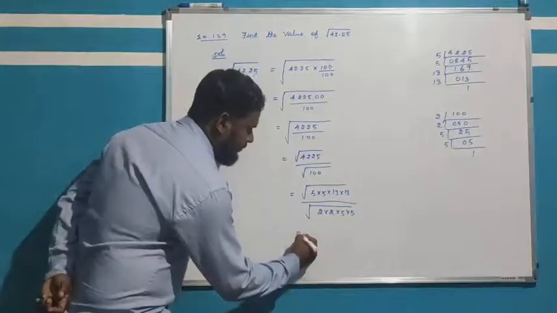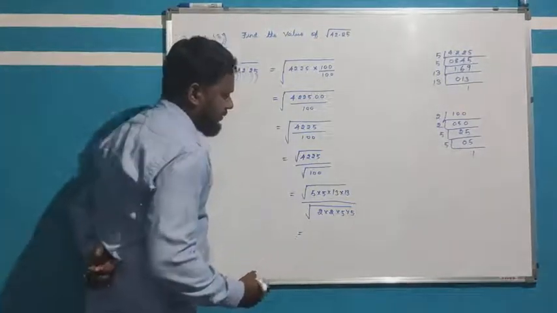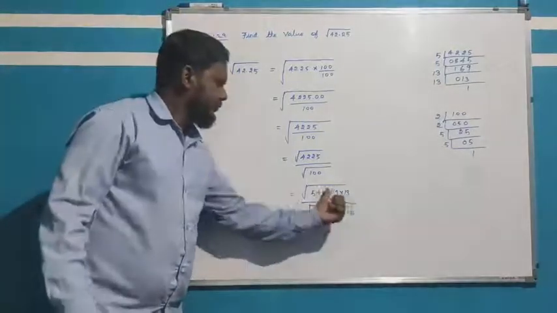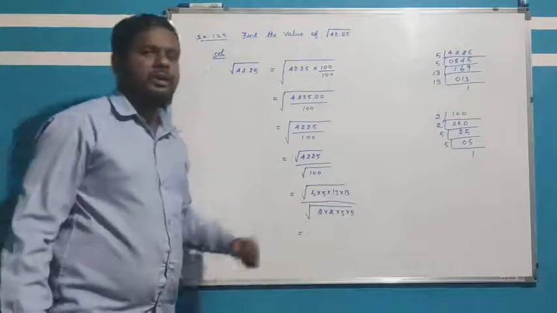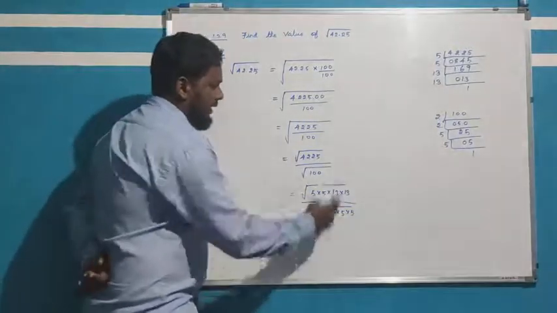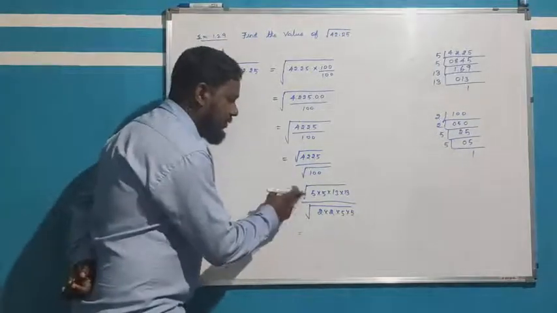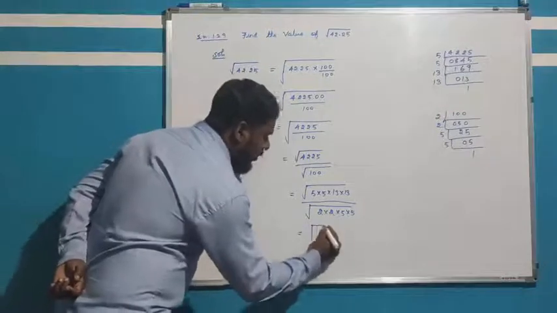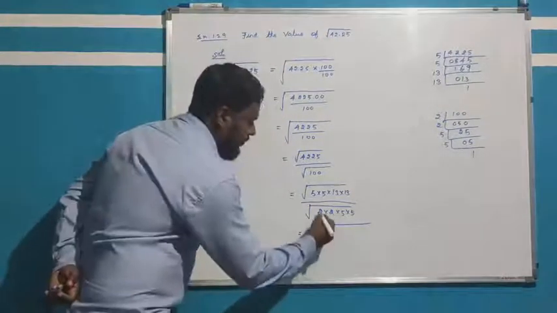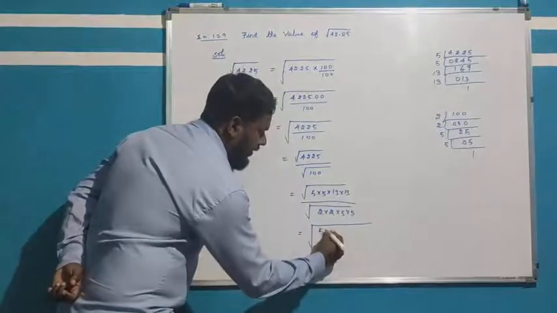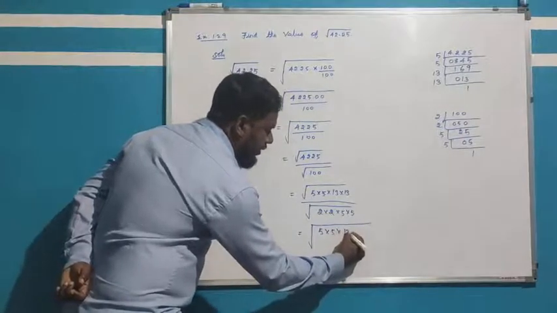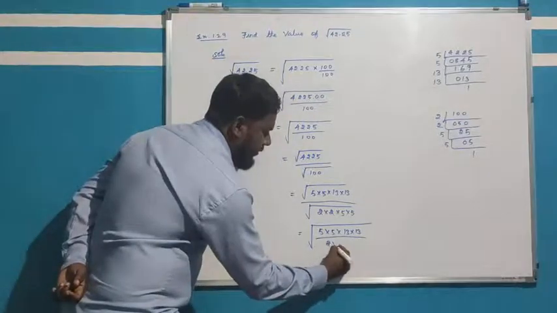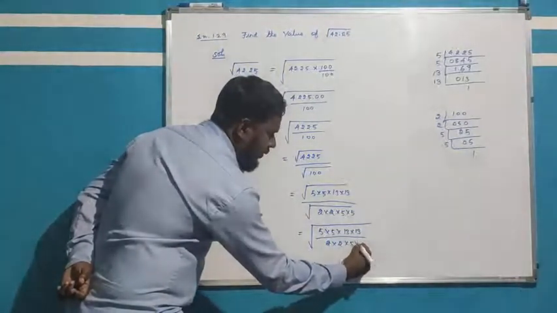So for these two, we can consider the whole root. The numerator and denominator both have roots, so whole root of 5 into 5 into 13 into 13 by 2 into 2 into 5 into 5.